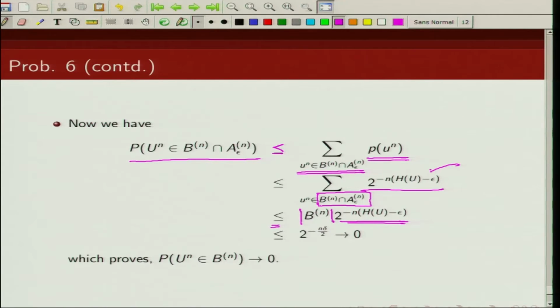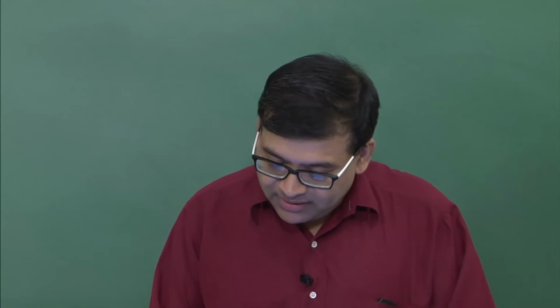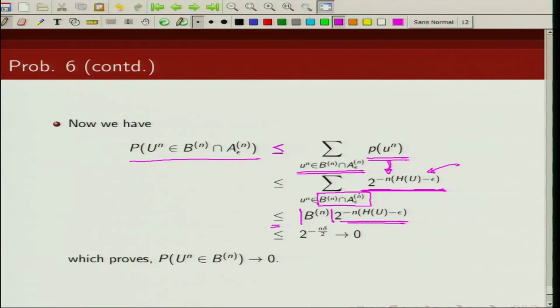Now this probability, if you recall from the properties of typical sequences, we know the probability of a typical sequence is upper bounded by this quantity. From here to here we get this relation from the property of typical sequences, that the probability of u^n, when u^n belongs to the typical set, is upper bounded by 2 raised to the power minus n H(U) minus epsilon.